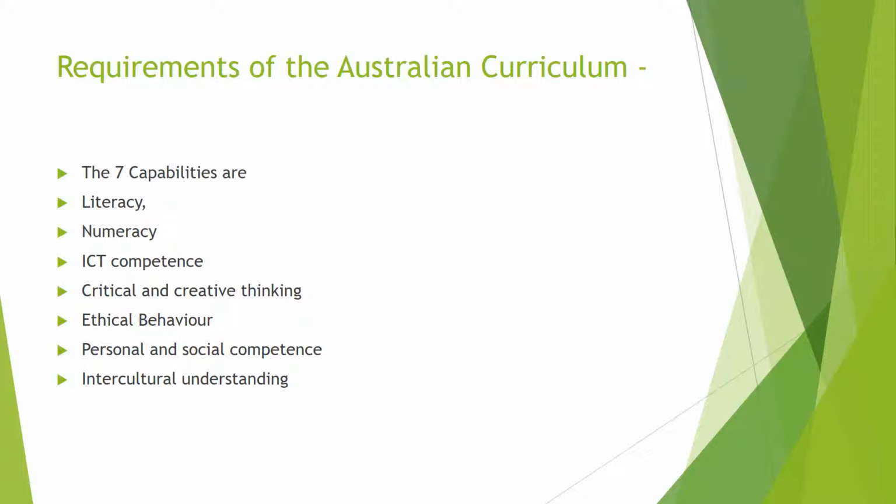These 7 capabilities must be infused in all disciplines in varying degrees, not as an add-on feature, but evident throughout the content. Curriculum documents make explicit how the general capabilities can be addressed in each learning area.